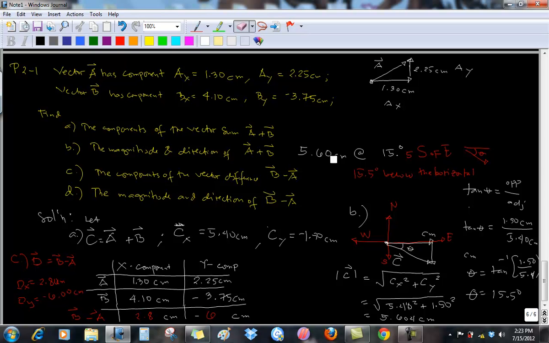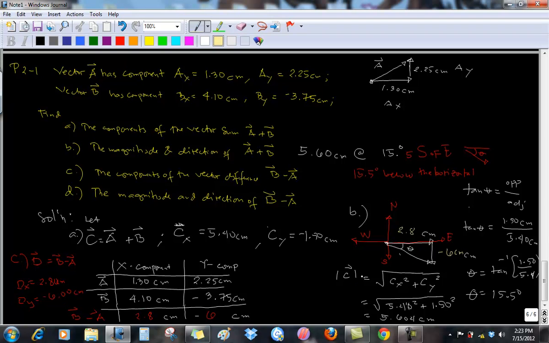But don't erase. Anyway, when you draw it, your dx, the x component, you write as 2.8. Then your y component is negative, so it goes down, negative 6 cm downward. Okay?